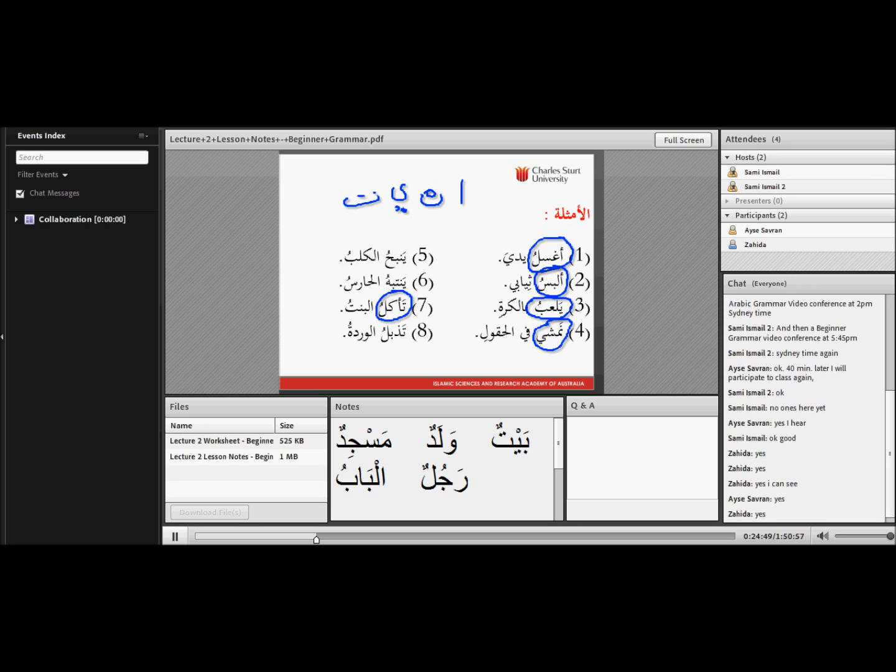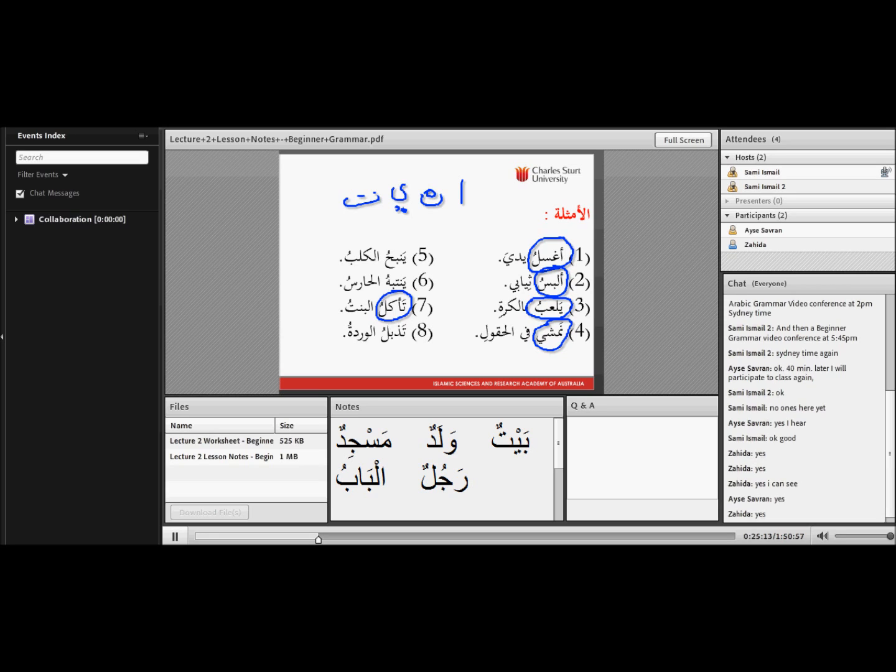If you learn all the vocabulary that we teach you every week, especially the verbs, they really help because you do get a sense of the meaning. Like for example, kataba means he wrote. I can say aktubu, naktubu, yaktubu, taktubu. These all have something to do with writing.